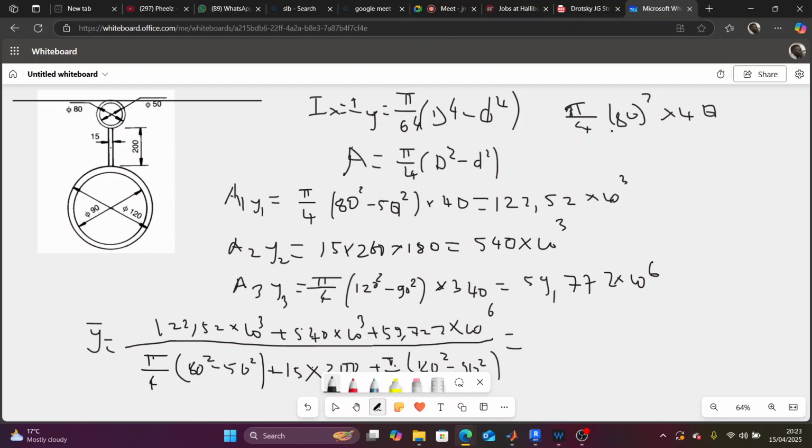Pi over 4. Okay. Can you now do pi over 4 multiply by 50 square, multiply by 40? What is the answer? It's 2500 pi. Okay, now I want you to do that 6400 that you got there minus 2500.